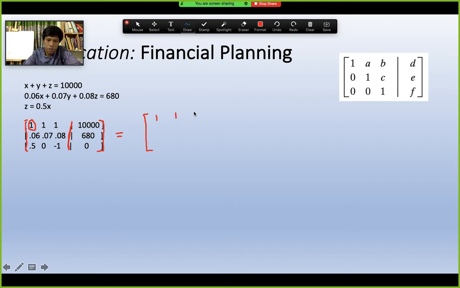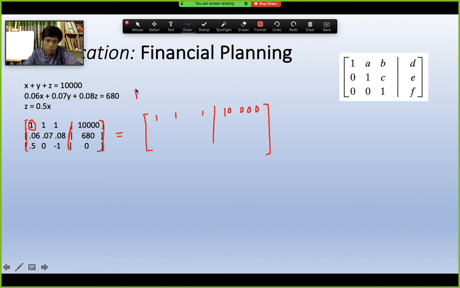This looks really nice. So 10,000. Now we want 0 here. Okay, how can we get 0? See, if we multiply this first row by 0.06 and then subtract it from here, let me write it here.